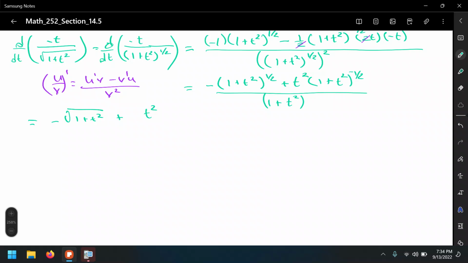Isn't this 1 plus t squared to the negative 1/2? Send it to the denominator with positive 1/2 power and then change it to radical form: square root of 1 plus t squared, the whole thing divided by 1 plus t squared.